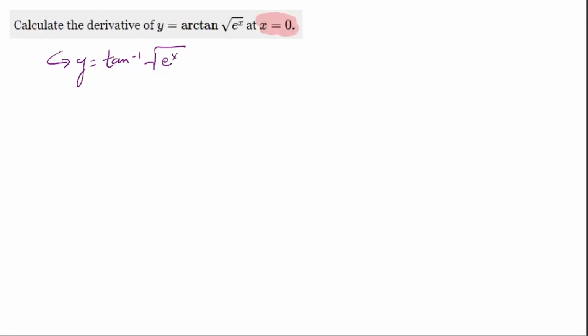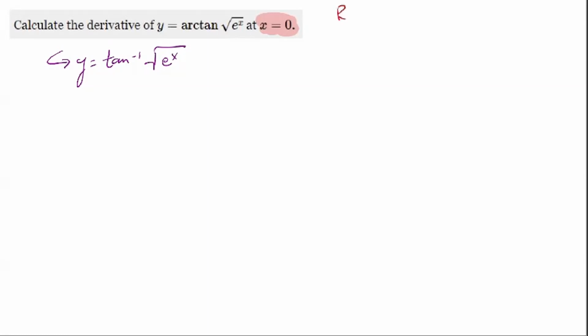Okay, so the problem is y equals tan inverse of e to the power x. How do we proceed to solve this problem? What is the first step? Let's start with what we know and see if that fits into this problem.